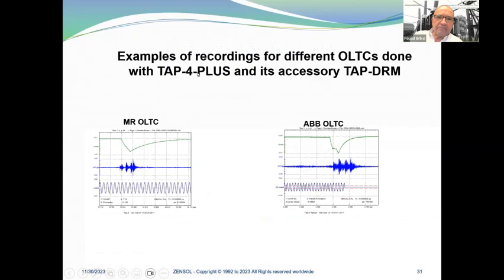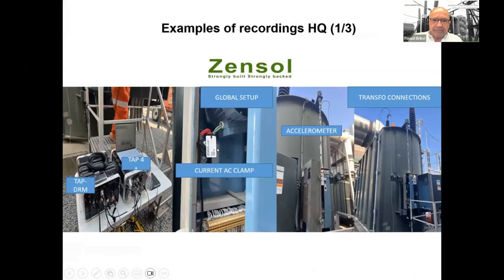So these are examples of recordings for different OLTCs done with Tap 4 Plus and its accessory Tap DRM. This is for an AMR and an EBB. And here it's an example of a recording done with Hydro-Quebec, in summer, Tap DRM, Tap 4 Plus, the current clamp. And this tag is here to show the next person, to avoid the kind of problems that you have seen in the previous slide.